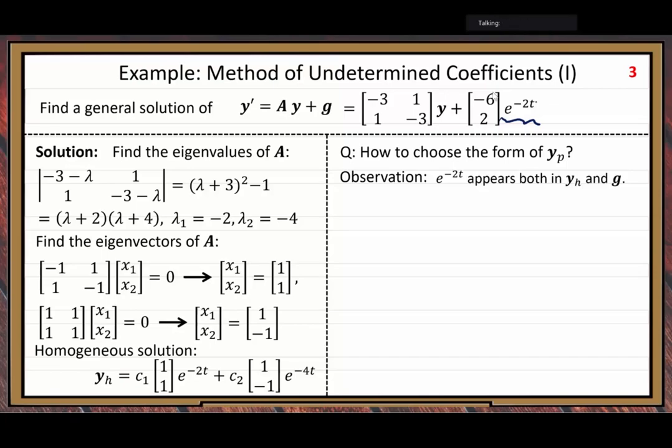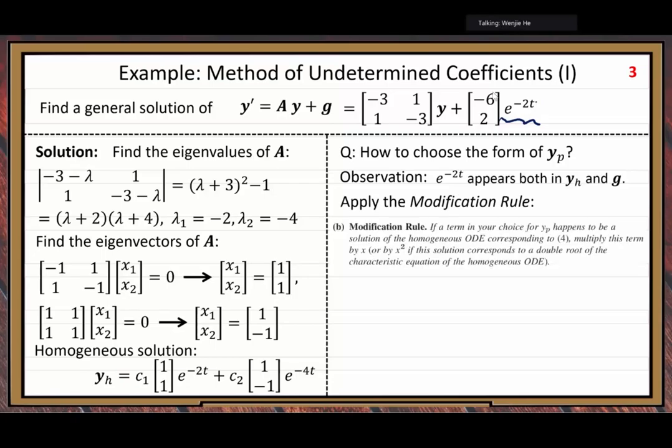Based on our modification rule, you can see the situation is the same as our modification rule. Although it's a linear system, the idea is the same. So here we need to apply the modification rule.